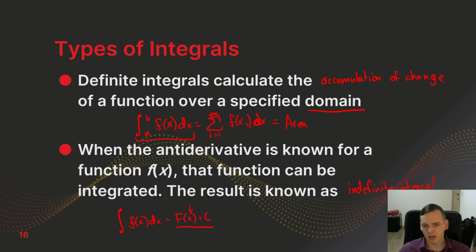Between 0 and this other point, what change have we accumulated? These two types of integrals, we'll spend a lot more time distinguishing and talking about, but I want to introduce this language and tell you to think of it like finding the derivative at a point versus finding the derivative function. One tells you a specific, detailed problem, the other tells you the general solution.